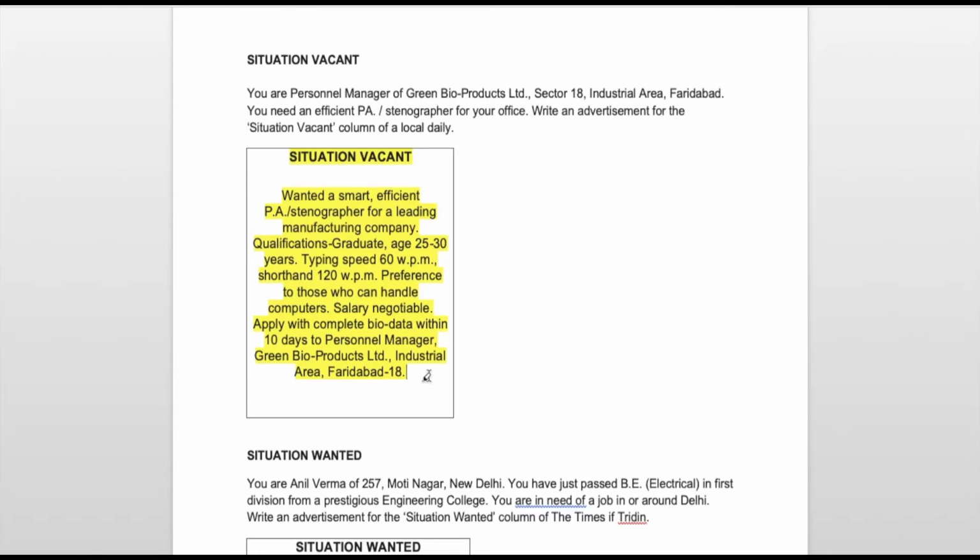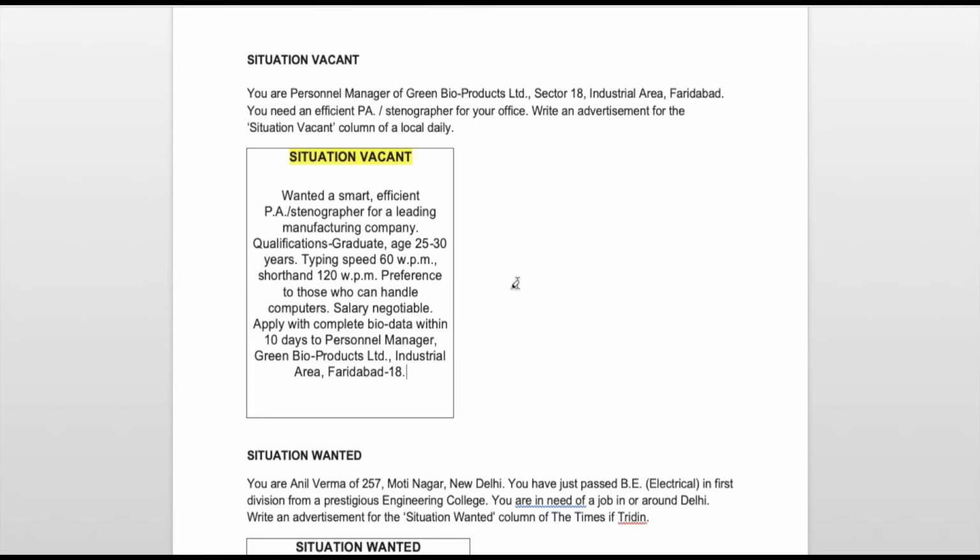So even if you make some grammatical errors, even if you are not cohesive, or even if you are closing one line with 3 words or 2 words, that is fine, because you just have to state your point that you want a service from someone. So let us read what is in this advertisement.